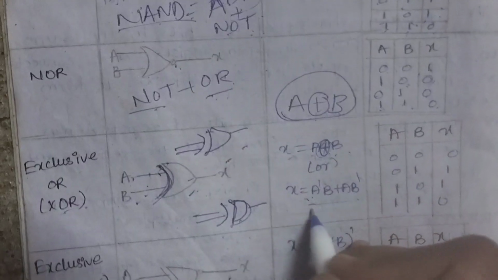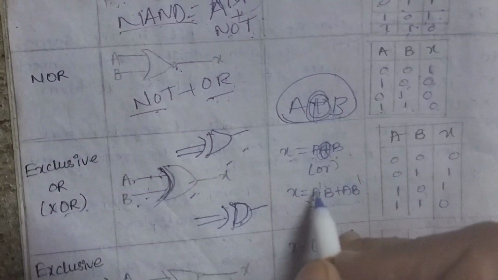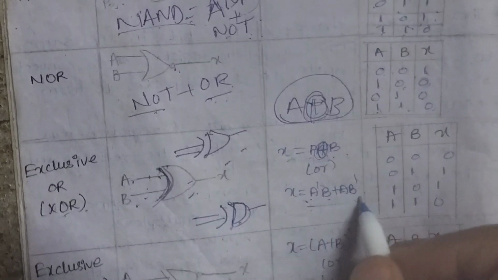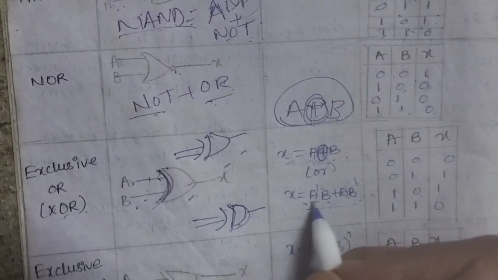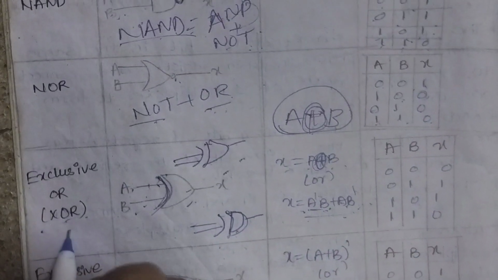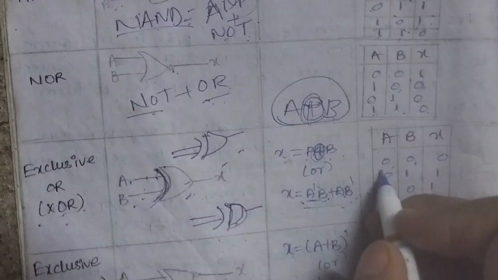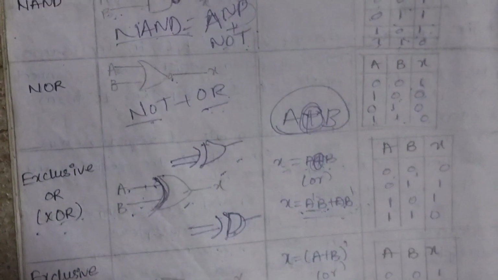We have one formula for exclusive OR: plus and circle symbol, A dash B plus A B dash. Multiplying these two terms and these two terms, after that adding together, we will get the exclusive OR value. We need to calculate it.